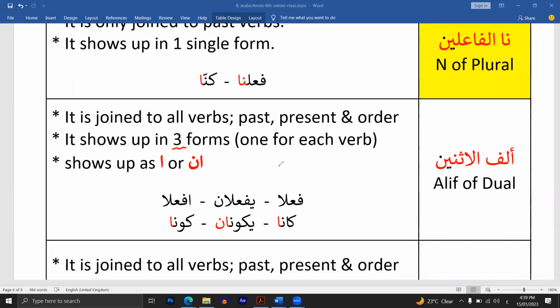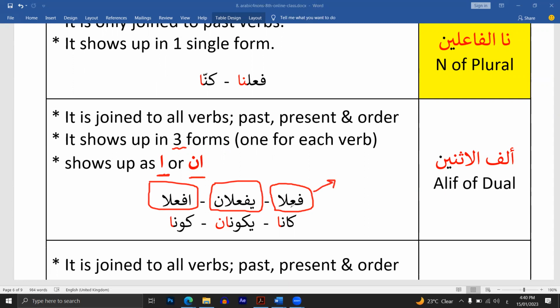They have three forms, one for each, and they show up in two main forms, ألف or ألف plus noon. I will use the same verb, do. So here in the past, here in the present, and here in the command or فعل الأمر.